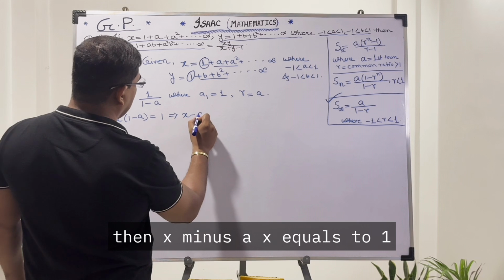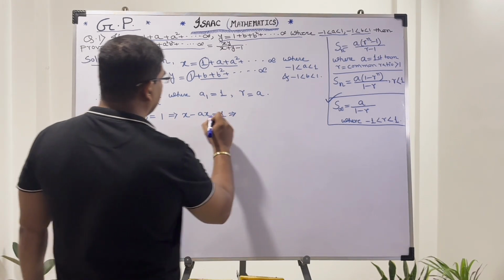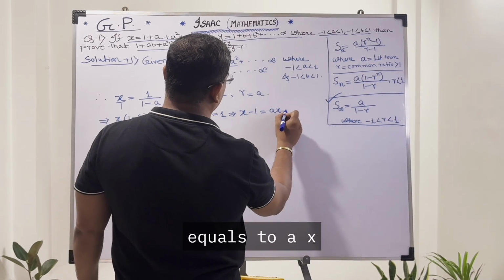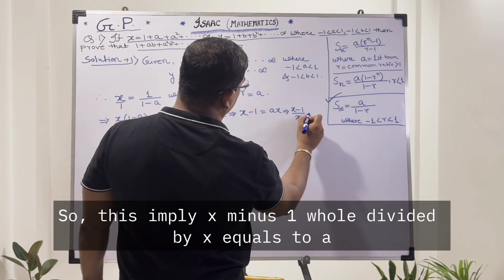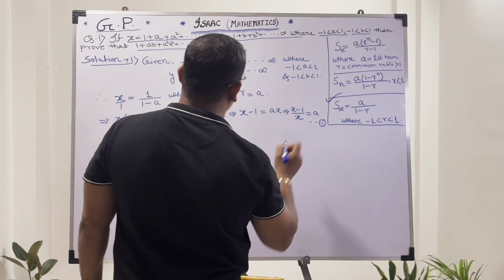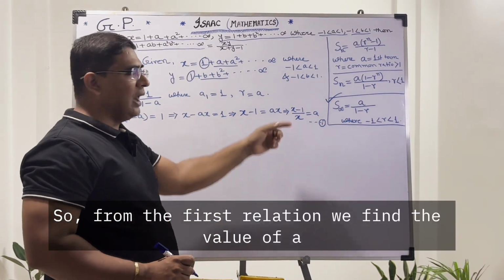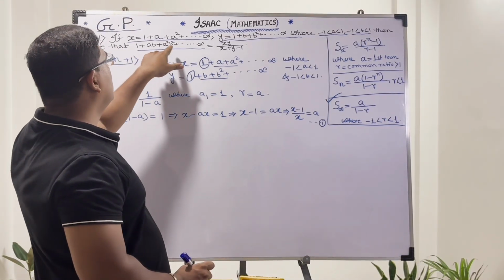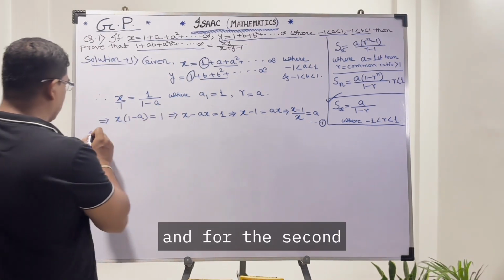Then x minus ax equals 1. This implies x minus 1 equals ax. So this implies x minus 1 whole divided by x equals a. So from the first relation we find the value of a, because to prove this we require a, that is why we find a.